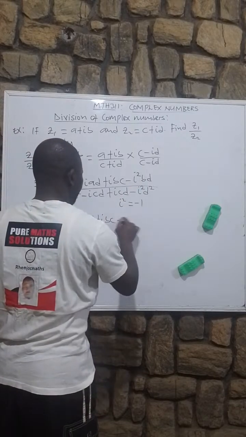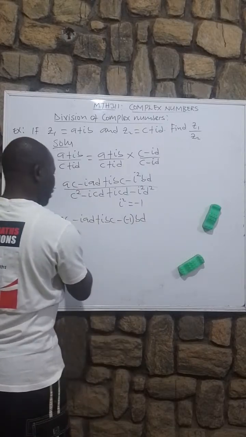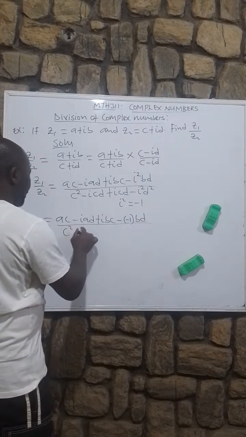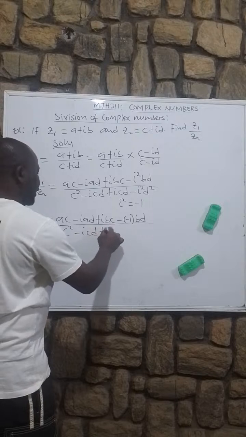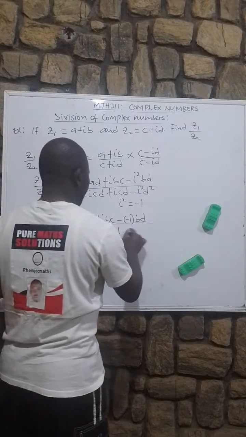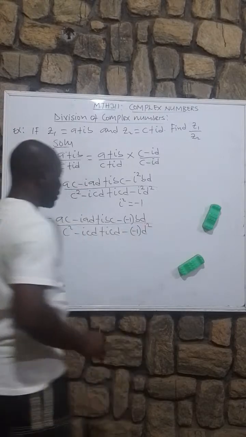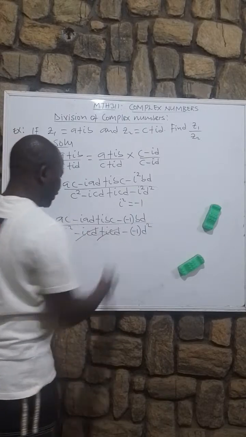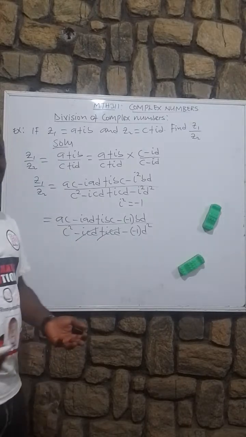So here we now have minus open bracket minus 1 bd, all over c square minus icd plus icd, then minus open bracket 1 times d square. Look at the denominator. This and this will cancel. One is negative, one is positive. They are the same thing.